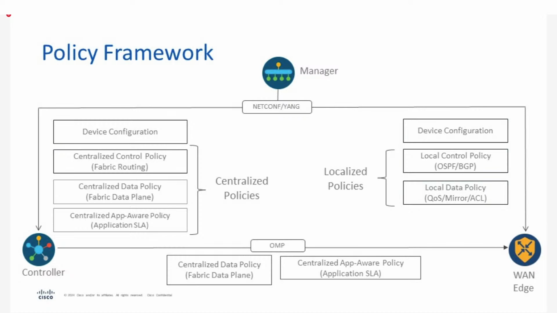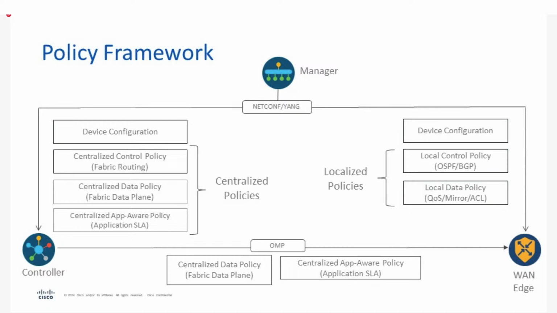Now let's talk about the localized policy. It again has localized control and data policy. We can again configure it from the manager, and in this case, the manager itself will directly attach this particular configuration to your device template. Once it attaches to the device template, the configuration will be pushed directly to the device.